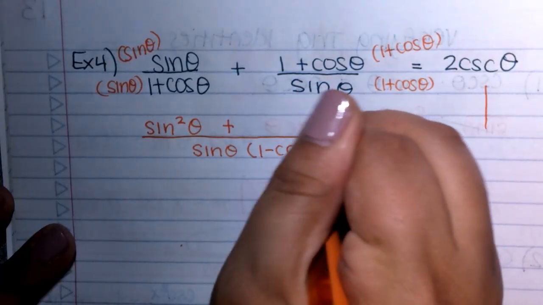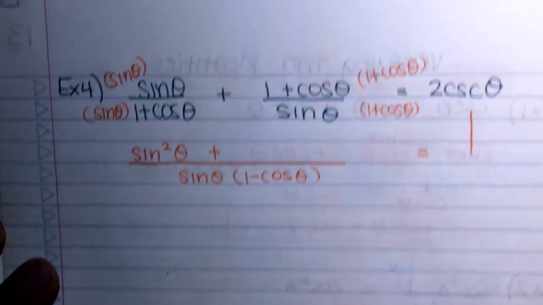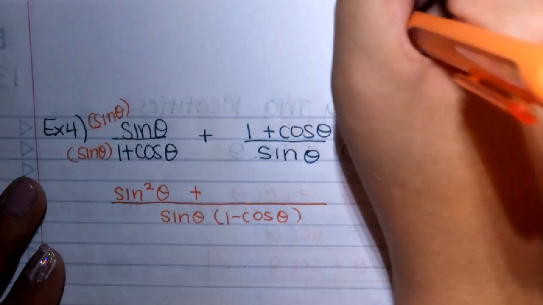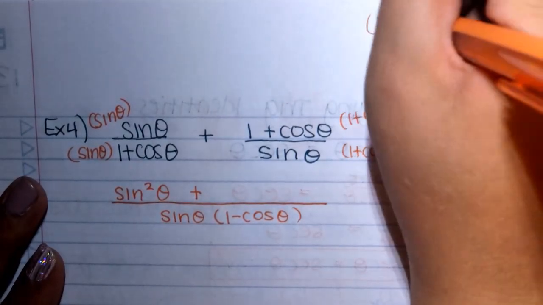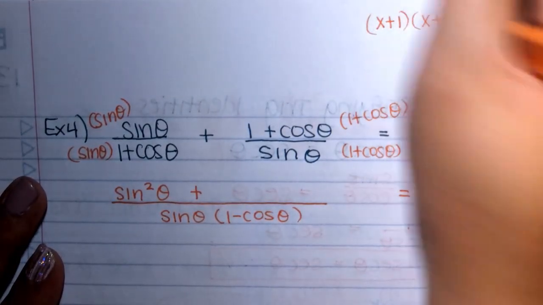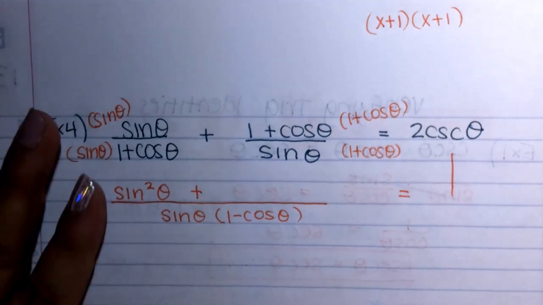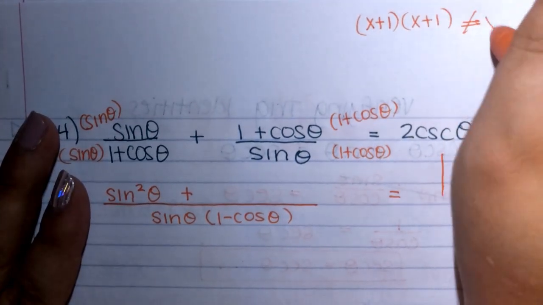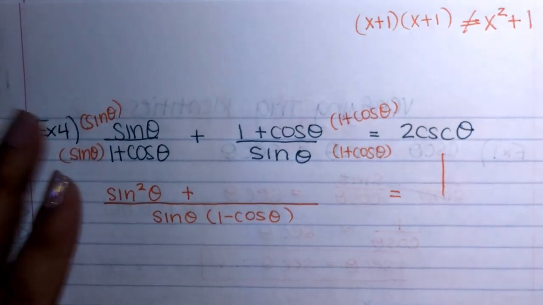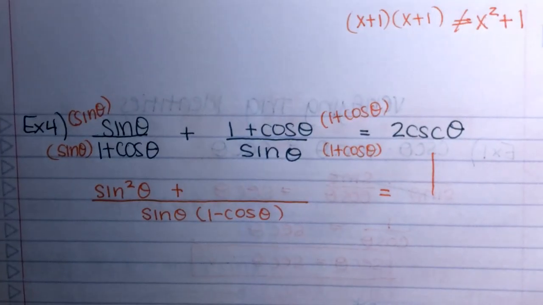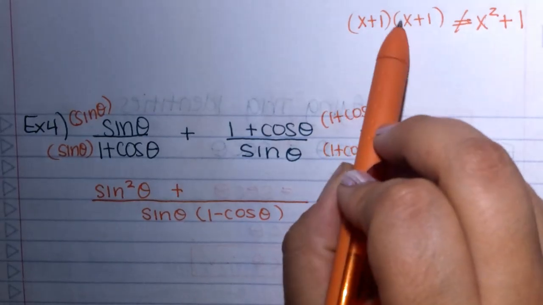Let's talk about math real quick. If I gave you x plus 1 times x plus 1, do you agree it is not x squared plus 1? Are you sure you agree with that? What do I got to do? I got to FOIL. What is x times x?